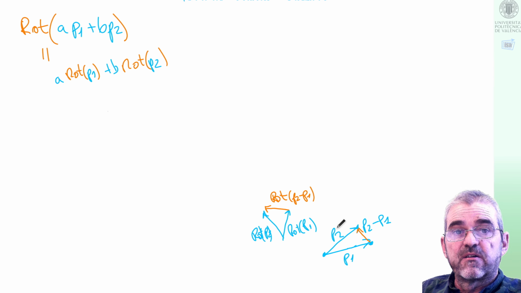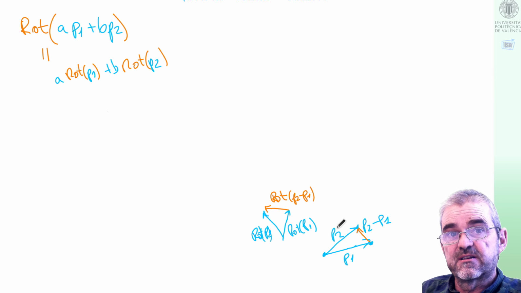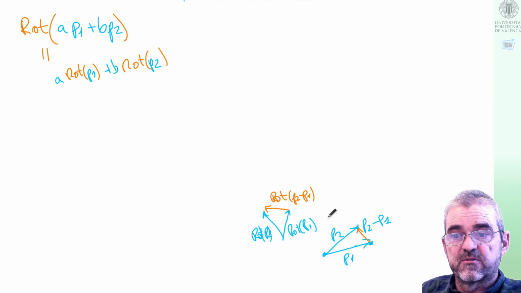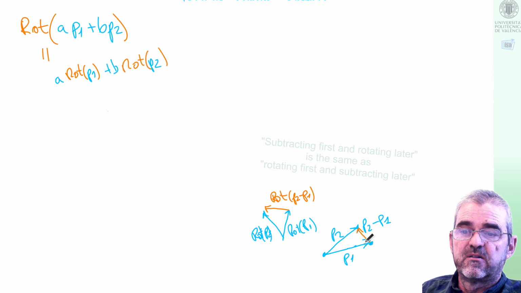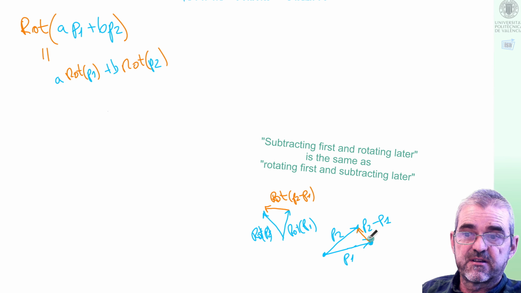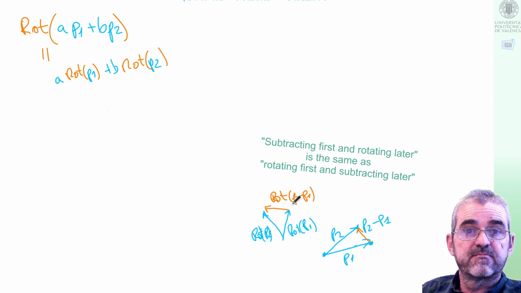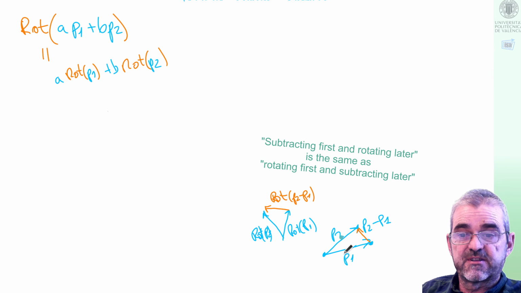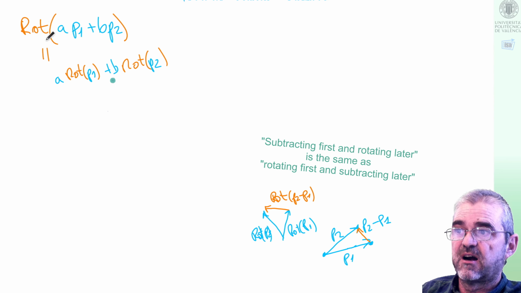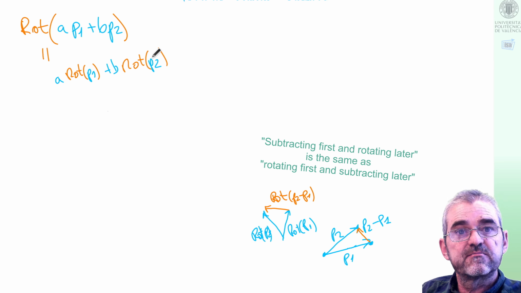If the size of something is doubled, the size of its rotated version will be doubled, and it is the same for sums and differences. First making the difference and then rotating this orange thing to obtain this, or first rotating the cyan vectors and then making the difference. So in general, rotations must behave like this, and this is how linear operators behave.